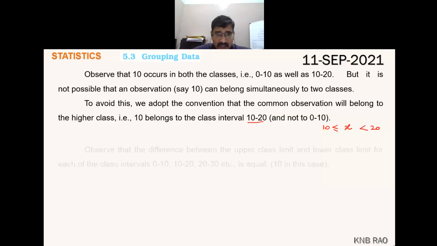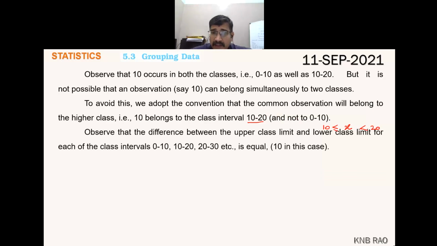So observe that the difference between the upper class limit and lower class limit for each of the class intervals 0 to 10, 10 to 20, 20 to 30, 30 to 40, in all the cases, the difference is equal. Is it compulsorily equal? This is what we learned in class 8. Can I consider class intervals without that equality, or with inequality?